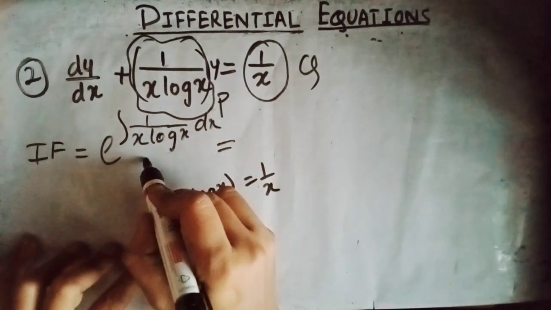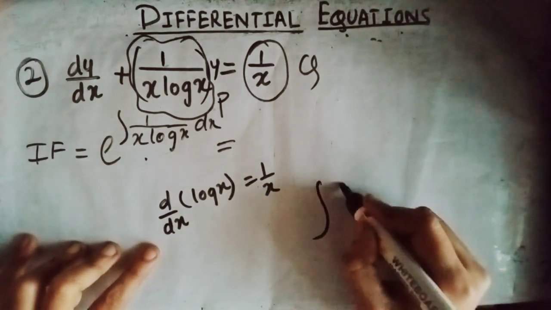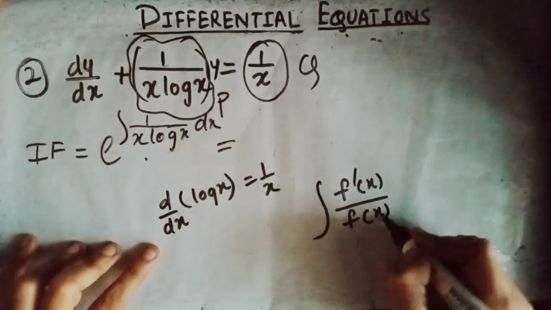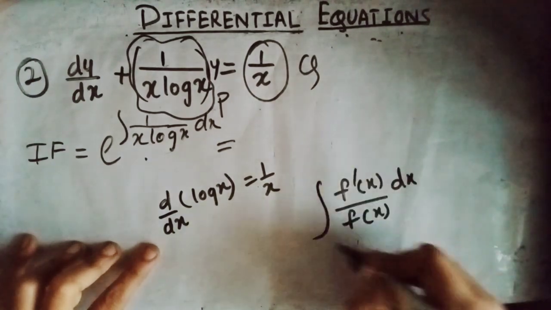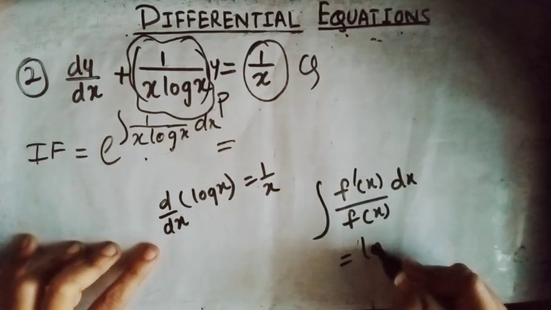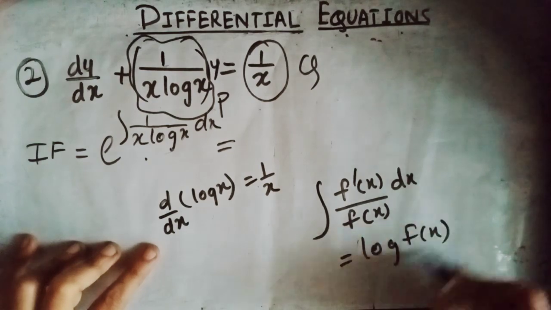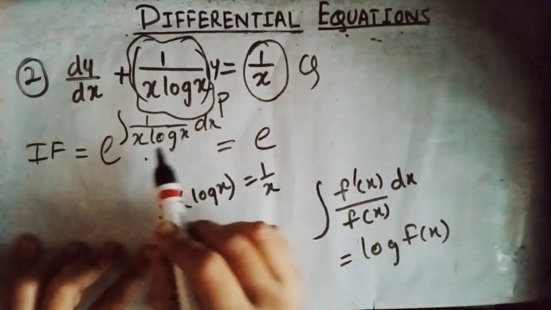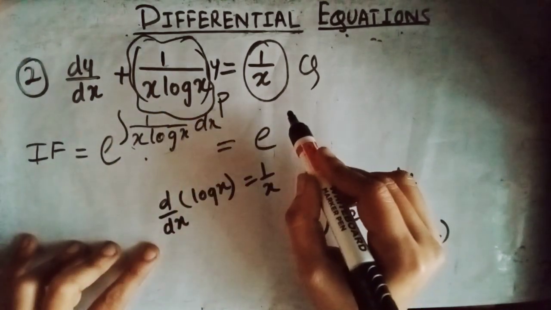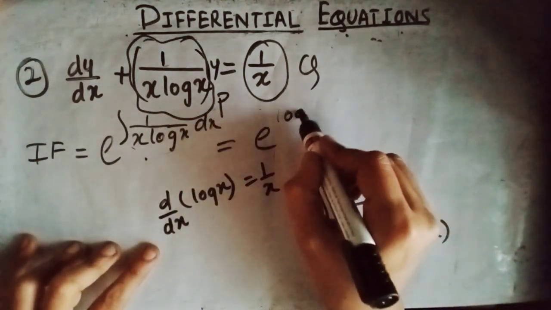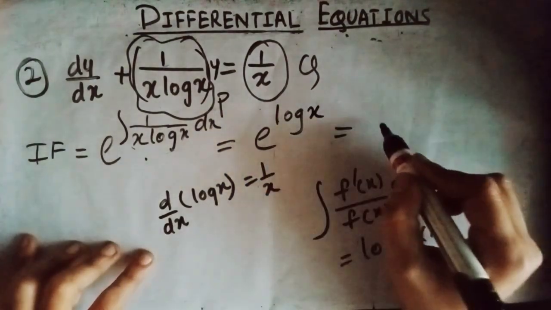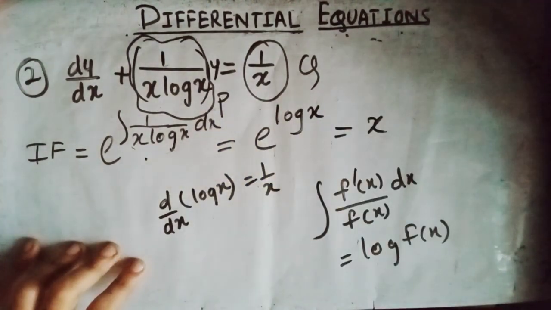So this becomes f dash of x upon f of x dx. So integral of this you can write it as log of f of x. So here our f of x is log of x. So this whole thing becomes e raised to log of x. Okay, so e and log goes, so you will get x.